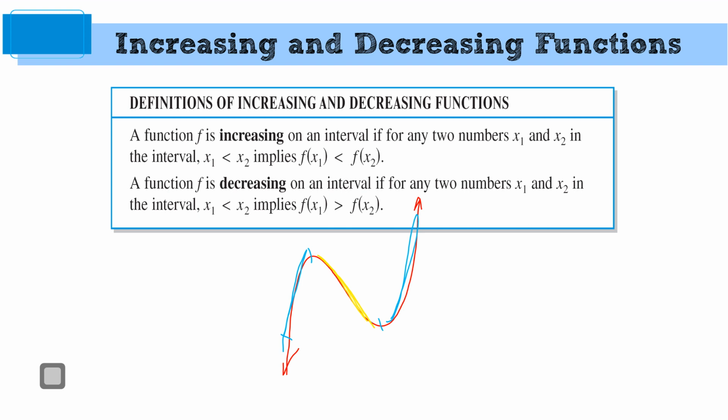Hold on. The slope of the tangent lines is positive. The slope of the tangent lines are positive? Is that what you meant? Or did you mean the slope of the actual function? Oh, now we confused it. The slope of the actual function.